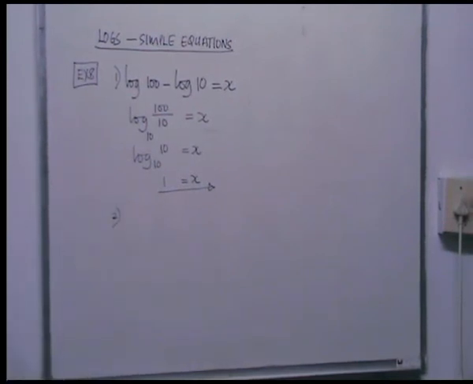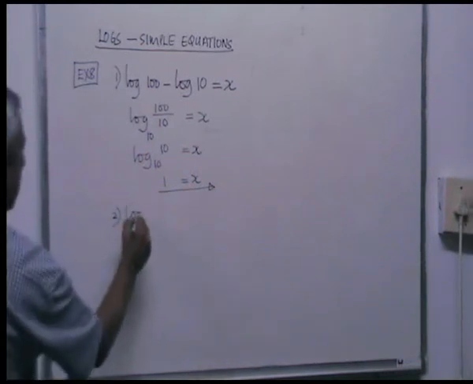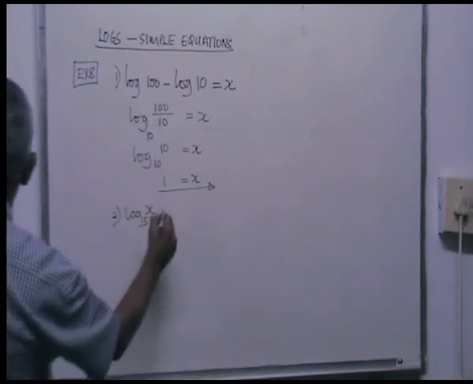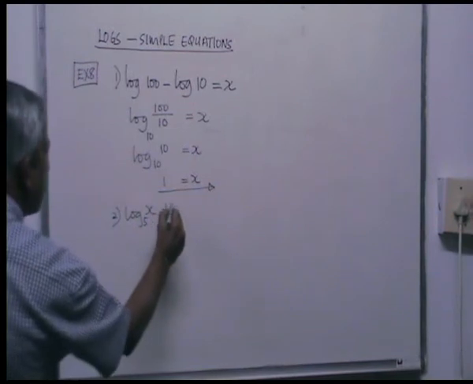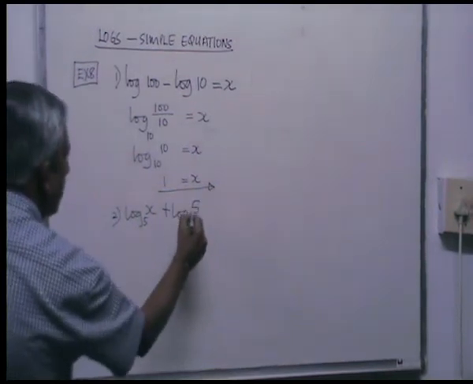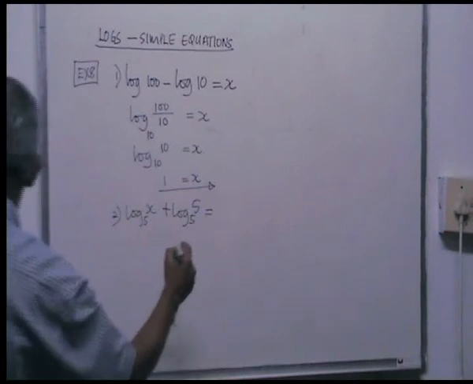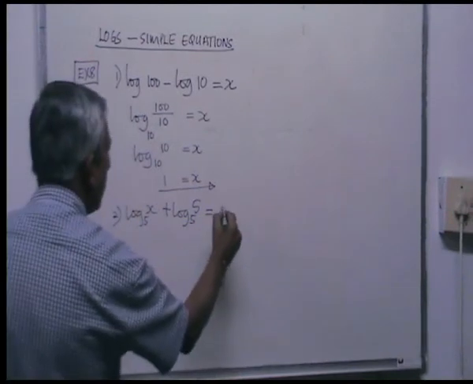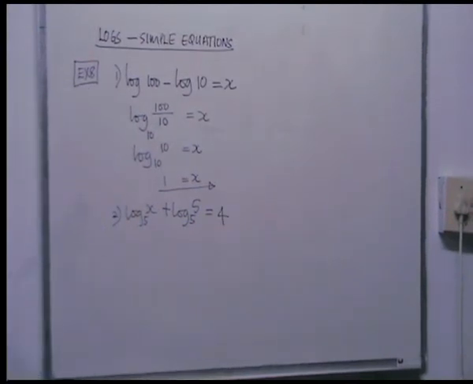Number 2, you had log of x to the base 5 plus log of 5 to the base 5 is equal to 4. Now remember, there's many ways to solve these equations.